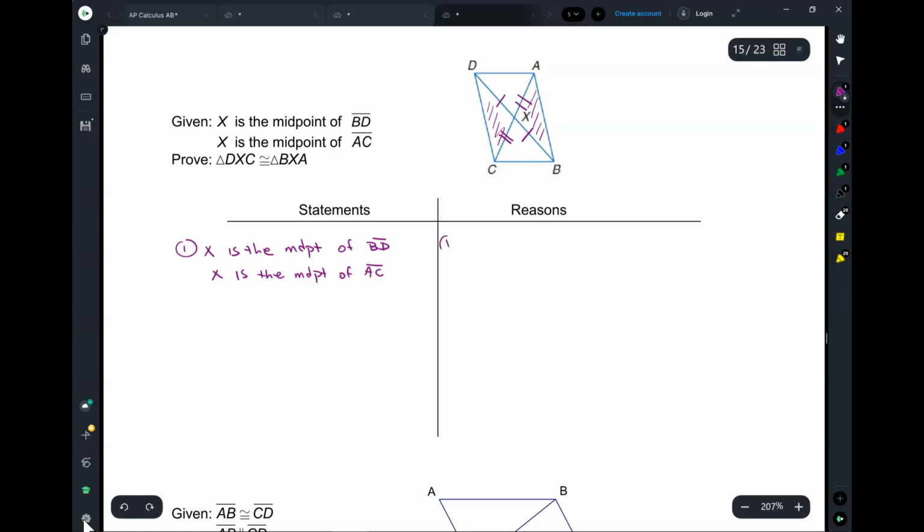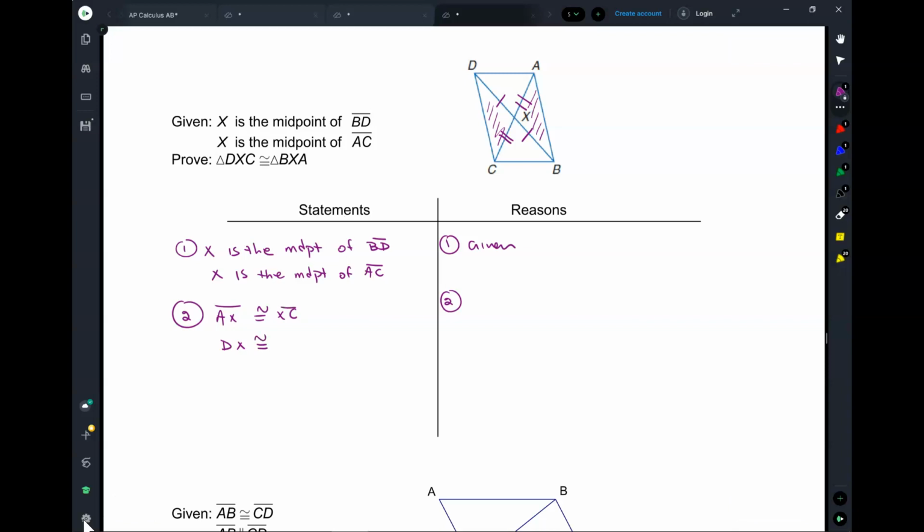So, again, let's go back to what we were doing before. X is the midpoint of BD. What does that mean? So AX is congruent to XC. DX is congruent to XB.